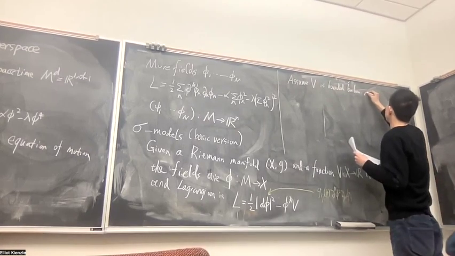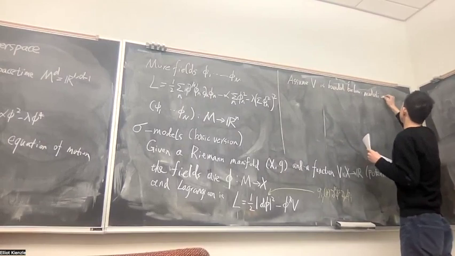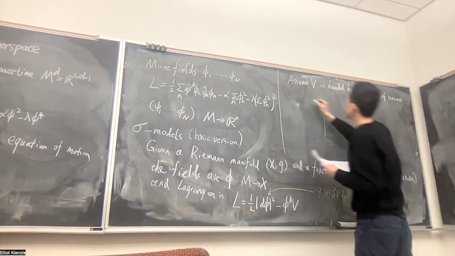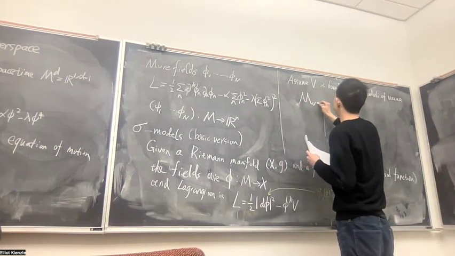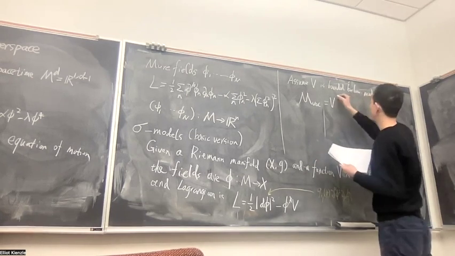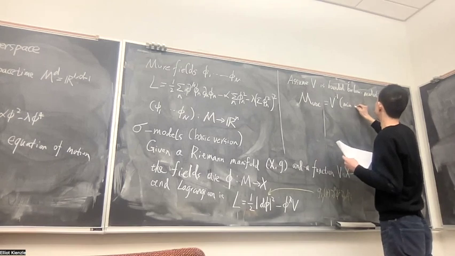We define the moduli of vacua, which we call M, to be the place where V gets its minimum, the set of minima of V.